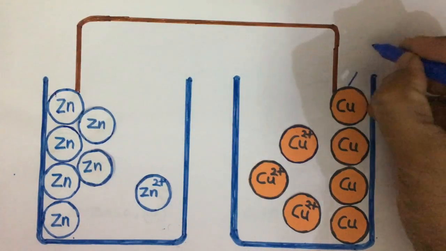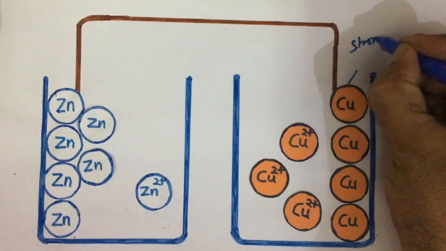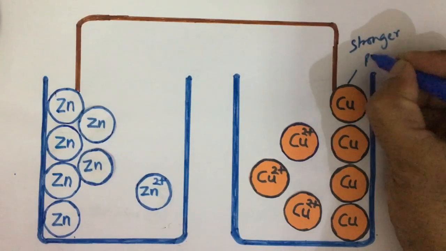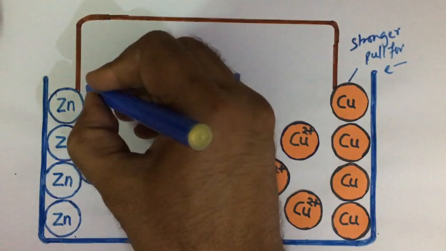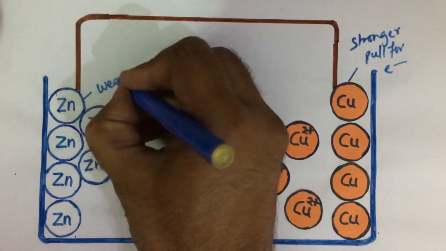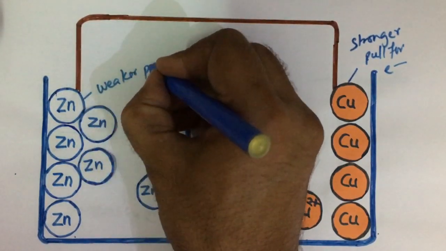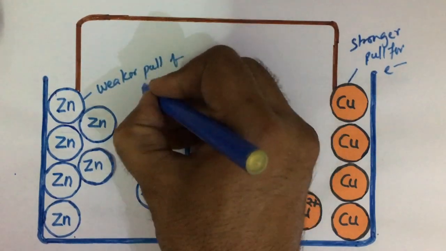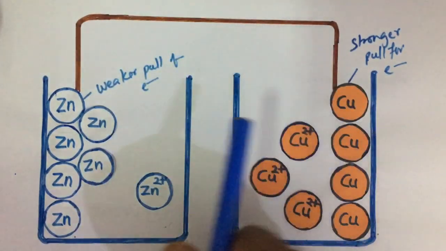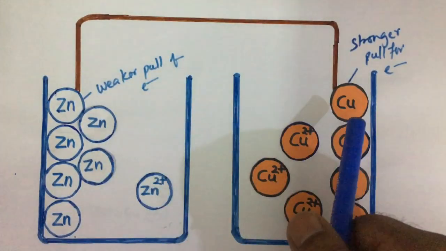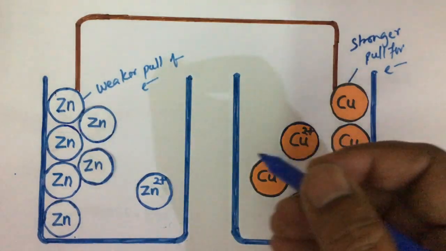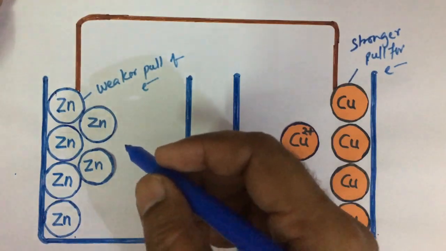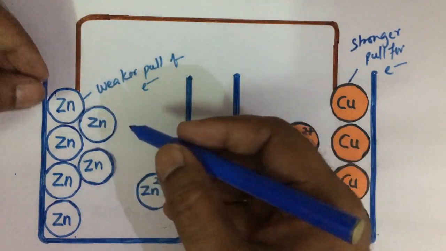Copper has a stronger pull for electrons, and zinc has a weaker pull of electrons. So in the battle of pulling the electron, copper wins and snatches the electrons from zinc.